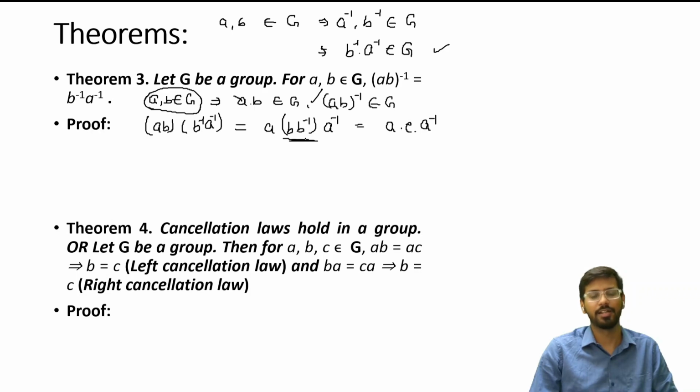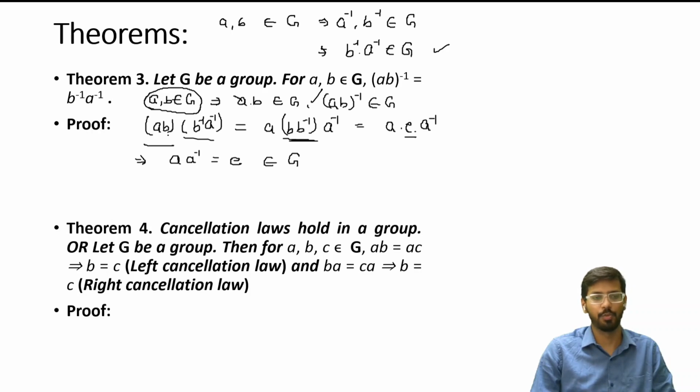By identity property, we can write like this. Now we can write A A inverse, that is equal to E. E is the identity element of group G. Hence, here we are operating two elements of a group G.